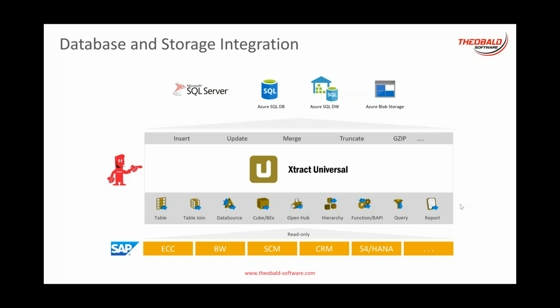We put most of our emphasis and knowledge on the E part, on the extraction part. But Extract Universal does the required transformations, namely transforming SAP native data types to what the destination, in this case a SQL Server destination, may require. And we have some load capabilities built in.